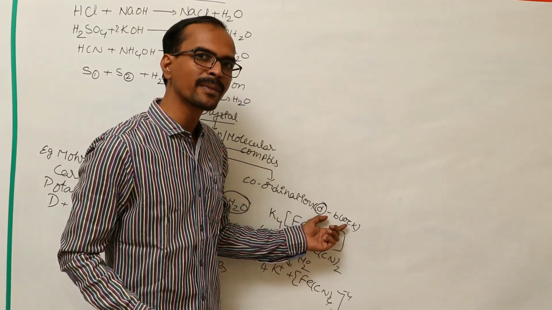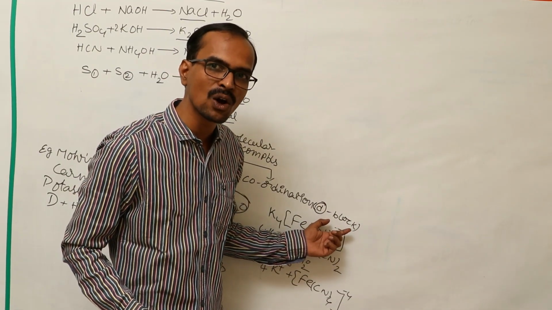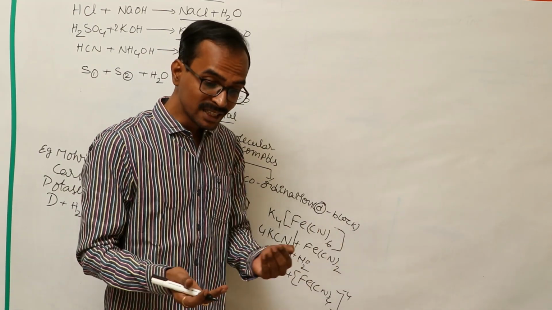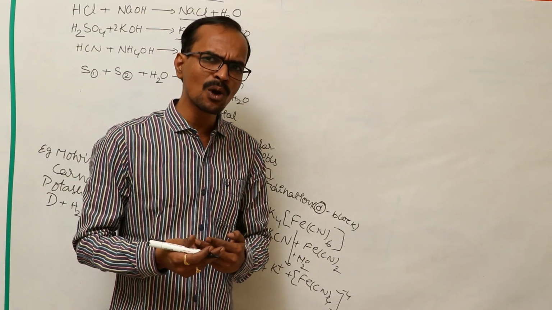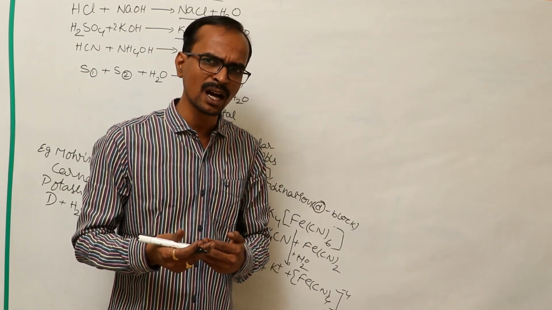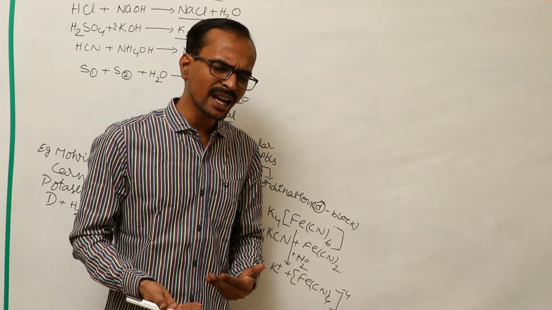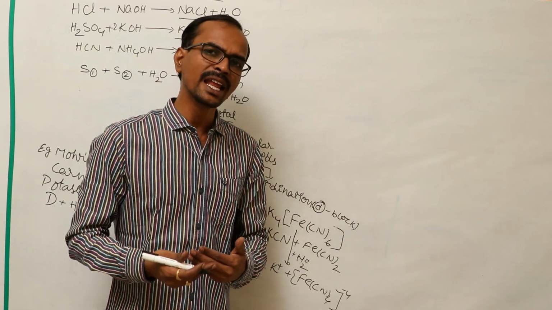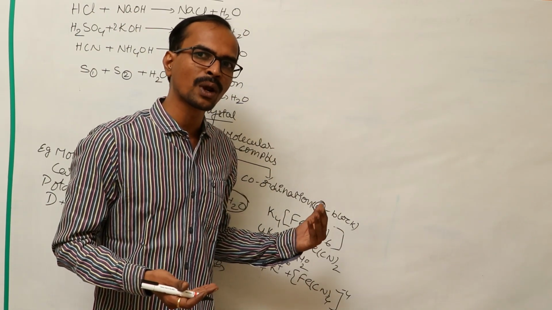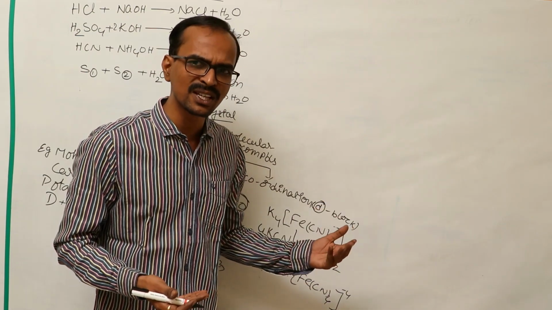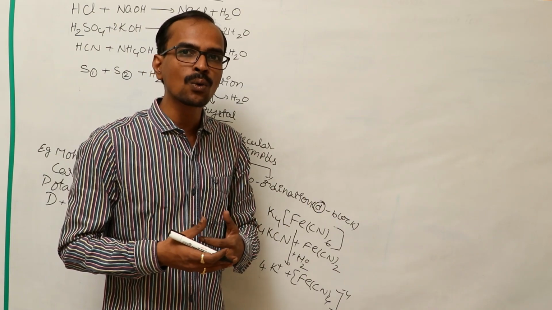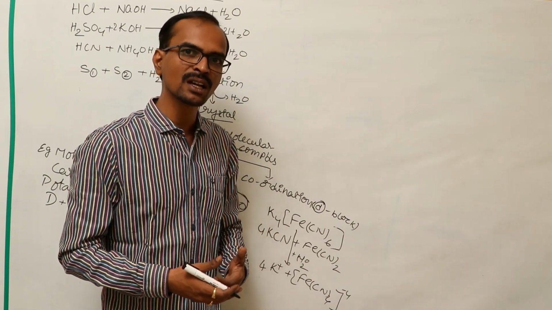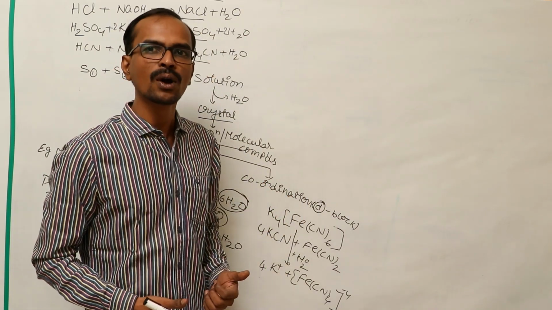As they have vacant d orbitals in their valence shell, they receive electron pairs from neutral molecules like water or ammonia, or from negatively charged species like chloride, bromide, sulfite and others, and form coordinate covalently bonded compounds which are referred to as coordination compounds.